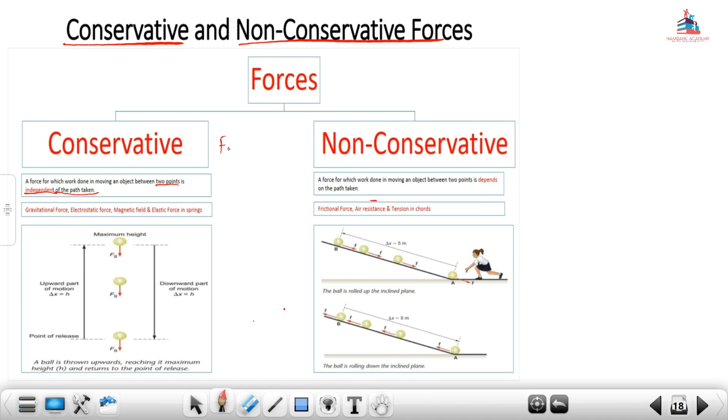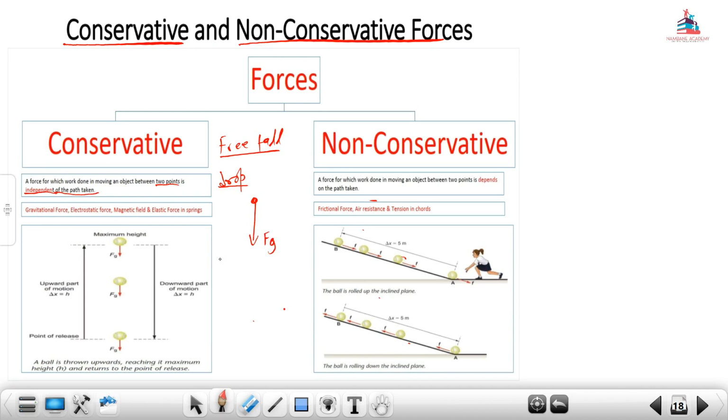Consider a free fall. First, I'm going to drop the object. If I drop it, what is the direction of my FG? The direction of my FG will be downwards.